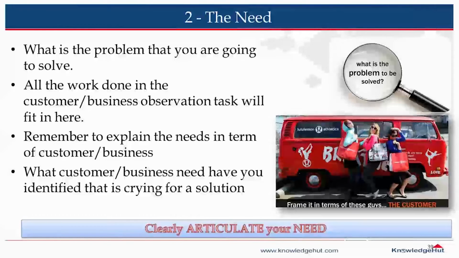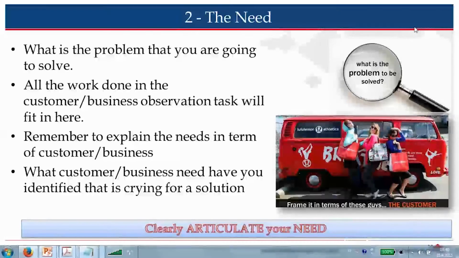And then in terms of business or customer, you need to explain the needs. We will see this in the example. What customer or business need have you identified that is crying out for a solution? We need to mention these aspects clearly in the need. So here we have a small picture.